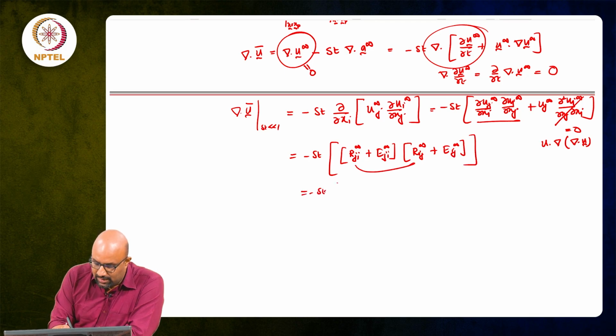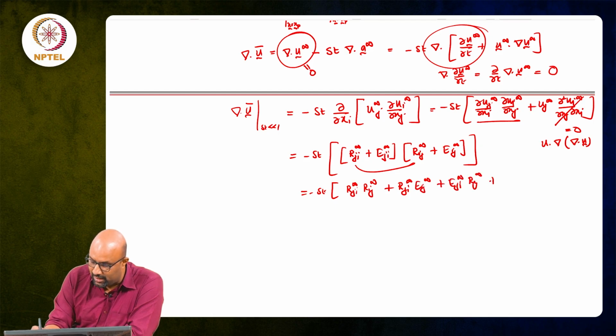So, the first term is rji infinity rij infinity, the next term is rji infinity eij infinity plus eji infinity rij infinity, plus eji infinity eij infinity.